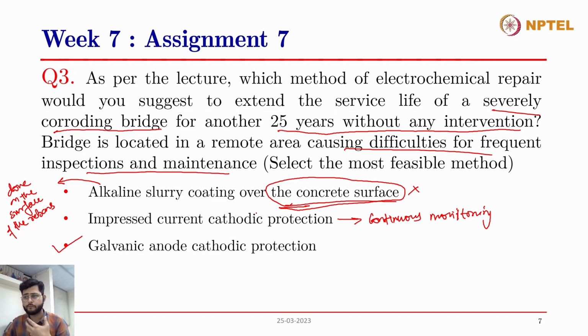Since the amount of electrons that is required to be drawn from the titanium mesh needs to be varied according to the current demand in the steel concrete system, this requires a lot of maintenance, a lot of monitoring, and a lot of inspection to maintain the current that is being drawn.